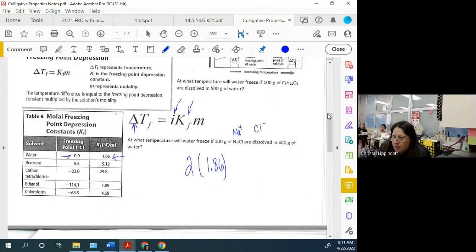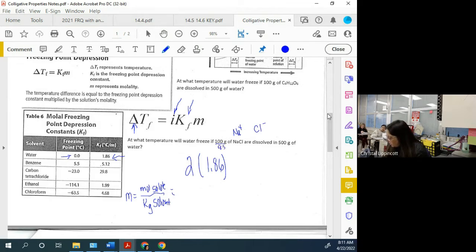So remember, molality is moles of solute over kilograms of solvent. So we have to figure out what the moles of this are. We've got to divide this by its molar mass. The molar mass for NaCl, 1 sodium and 1 chlorine, is 58.5.